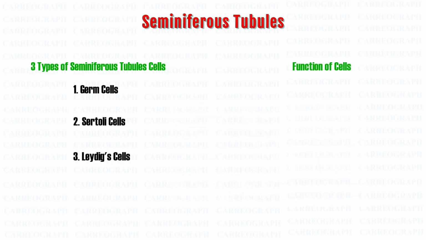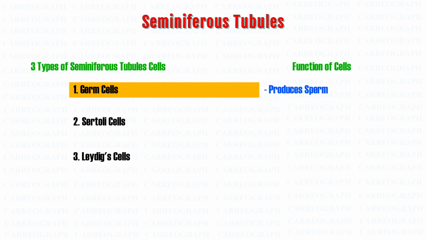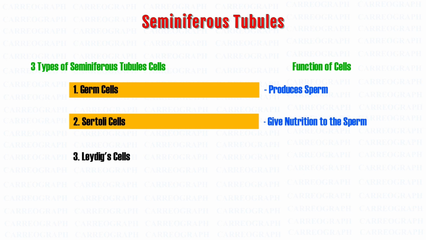Now, what is the function of male germ cell? Male germ cell produces sperm. So, spermatogenesis takes place in male germ cells. Formation of sperm takes place in male germ cells. Then Sertoli cells give nutrition to the sperm.